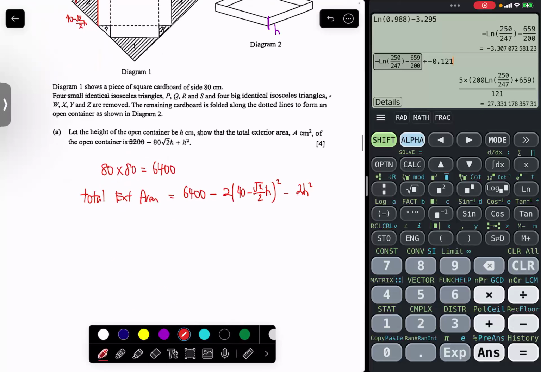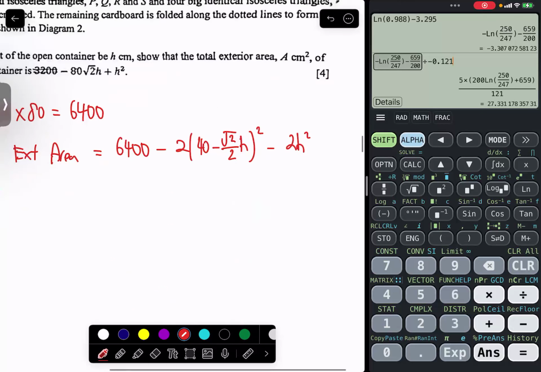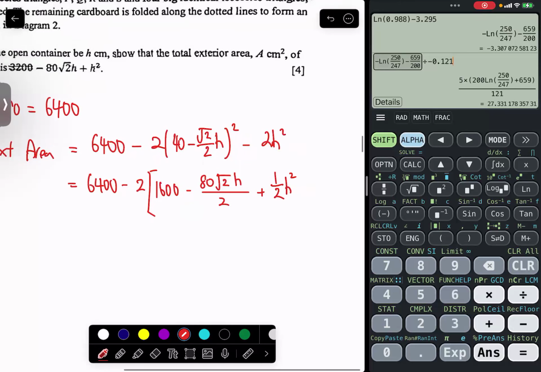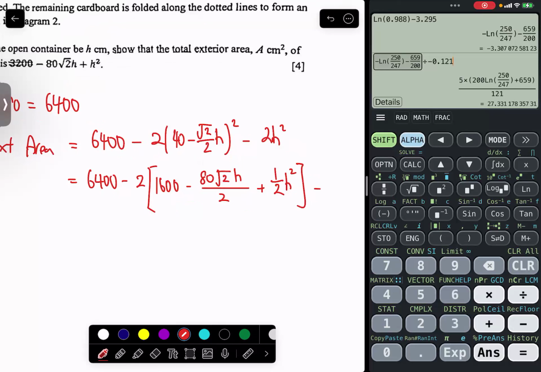So we should expand, right? That will be 6,400 minus 2 times the expansion of this, which gets me 1,600 minus 80 square root 2 h over 2, plus half h squared, minus 2h squared.